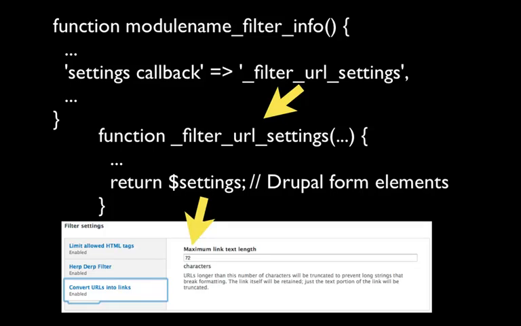Those are the filter settings specific to one individual filter. So if you're writing a filter, you're going to write some sort of function that is going to use the form API to put some form elements together. And here we've got a basic text field and a description. You could use a checkbox instead, or have radio buttons, or whatever your filter needs.